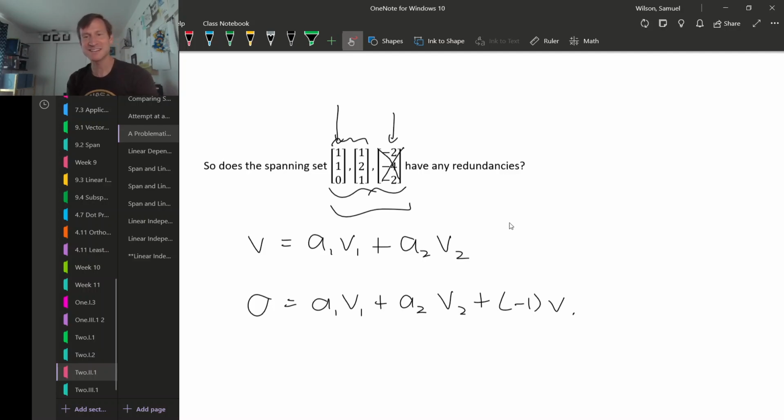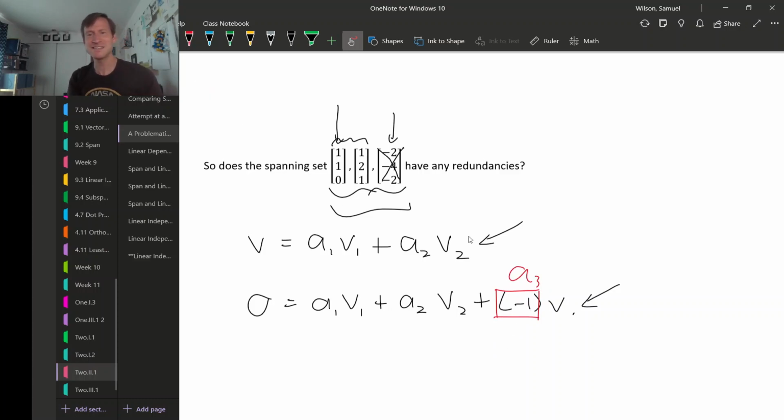So instead of asking about solutions to this first equation, we could ask about solutions to the second equation. But there's a clear way to make each v appear in this equation in the same way, and that is, rather than saying that this coefficient is minus 1, let's just say maybe it's a3.